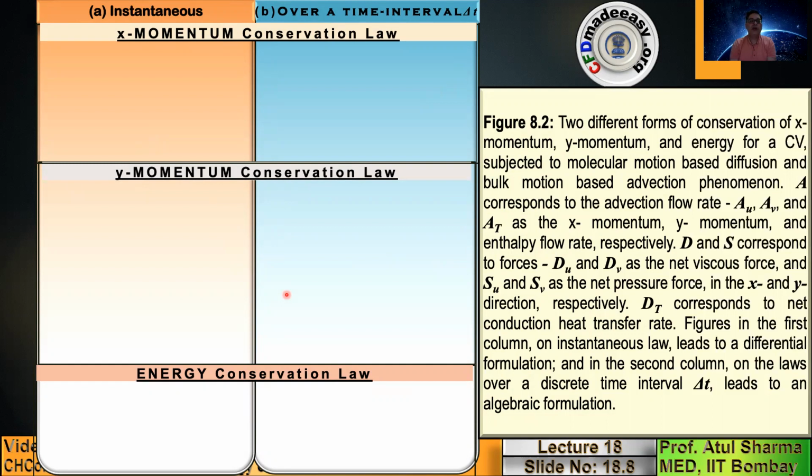In the previous topic on computational heat conduction and computational heat convection, I had presented the energy conservation law in two different forms. One form is applicable at each and every time instant, which you might have studied in your undergraduate course on computational heat transfer. There is another form of the energy conservation law which is presented in a course on thermodynamics, which talks about the amount of heat transfer.